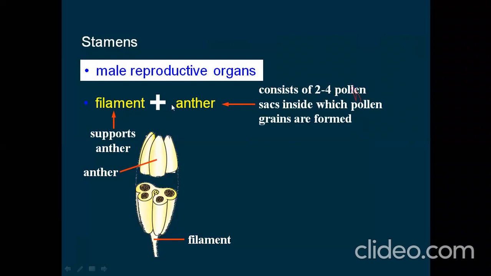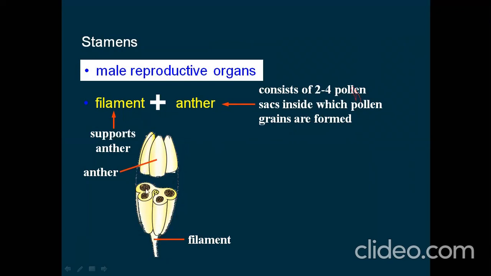Filament plus anther, they will form the stamen. And you know, the anther consists of two or more pollen sacs. These are pollen sacs. And in this structure, what will develop? Pollen grain will develop. Right? So once again, let me tell you, filament plus anther.